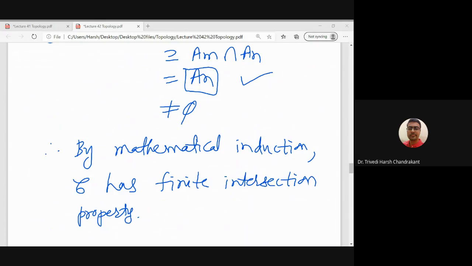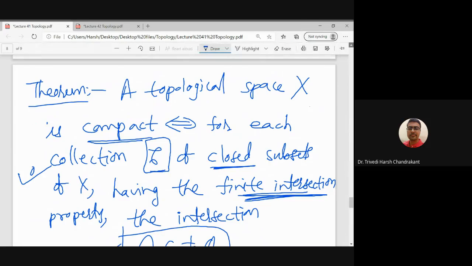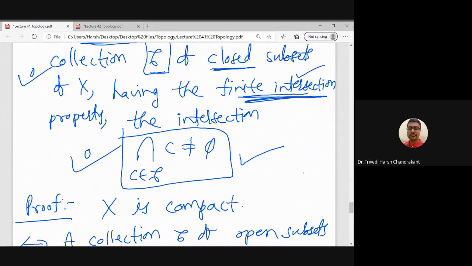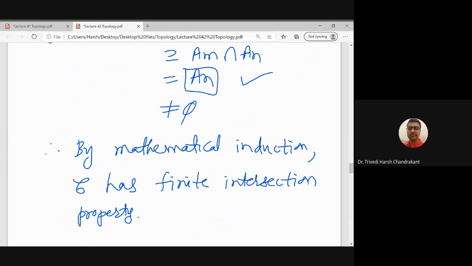So I can use the theorem that whenever I have a topological space which is compact, and in which I have a family of closed sets with the finite intersection property, then the total intersection is also non-empty, right?